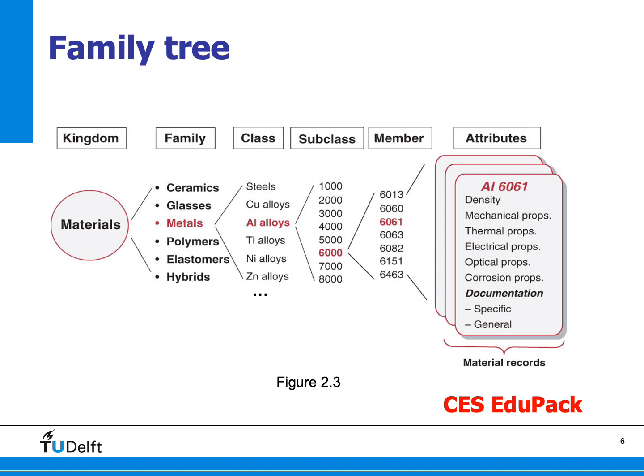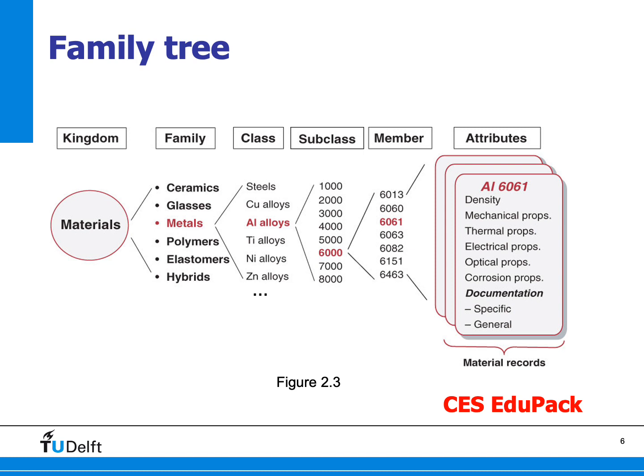If you look into the family of metals, you can subdivide the metals into several classes. For example, steels, copper alloys, aluminum alloys, titanium alloys, nickel, zinc alloys, and so on. Now, a particular class of materials, like for example the aluminum alloys, can be subdivided in subclasses, and then we're talking about the 1000 series of aluminum alloys, the 2, 3, 4, 5, 6, 7 or 8000 series of aluminum alloys.